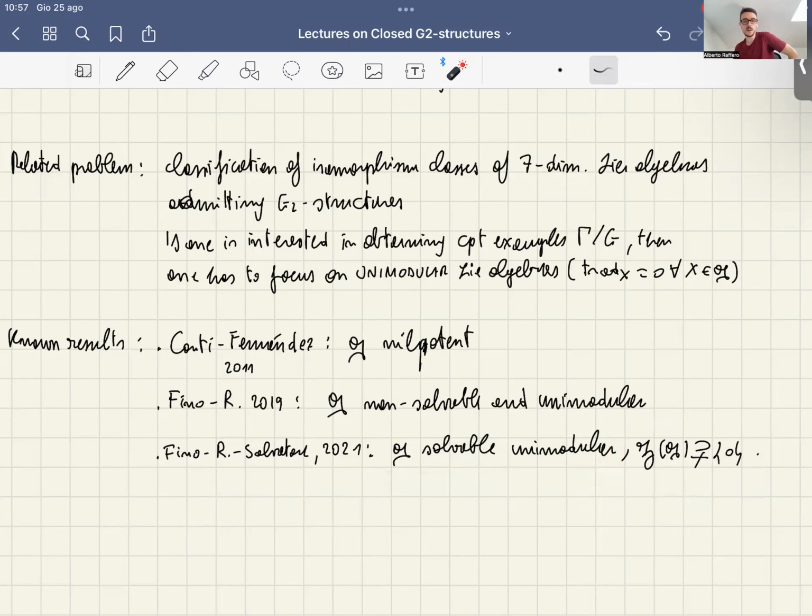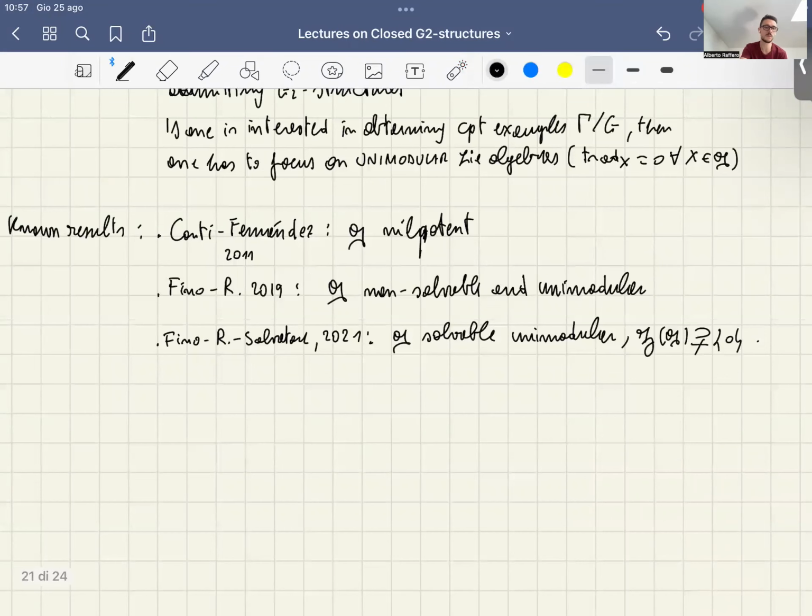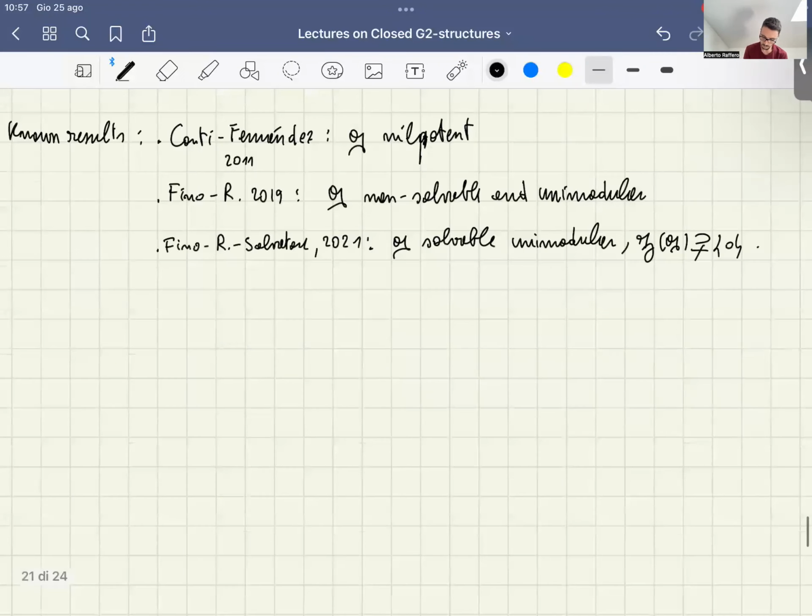And so in particular, even though there are known examples of solvable Lie algebras with trivial center admitting closed G2 structures, we do not have any classification in that case. So we could say that in that case, the problem is still open. So let's say classifying solvable Lie algebras admitting closed G2 structures in greater generality.